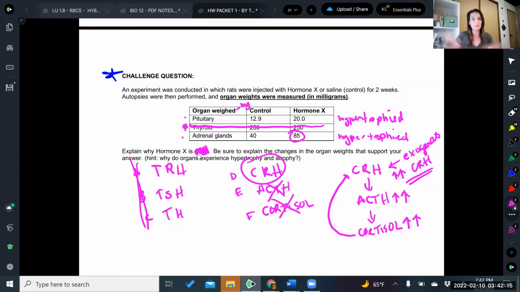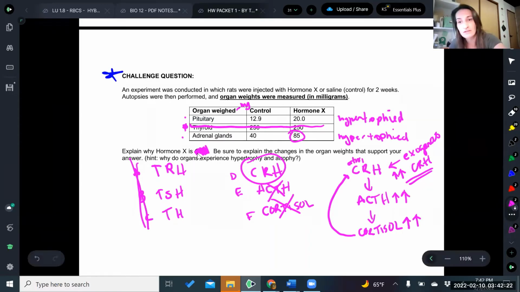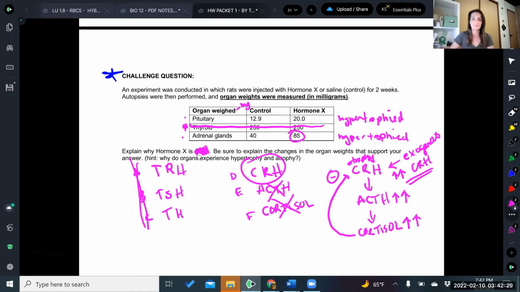They shut down their production of CRH and they atrophy. So here we would have atrophy occurring because we have this negative feedback inhibition. And so if we could parse out the endogenous CRH and the exogenous CRH, we would see that endogenous levels are low, while exogenous levels are high because they're actually being injected, put into the body.